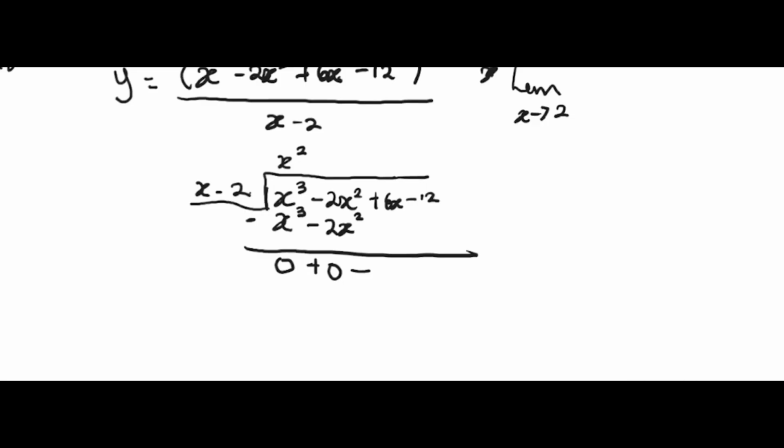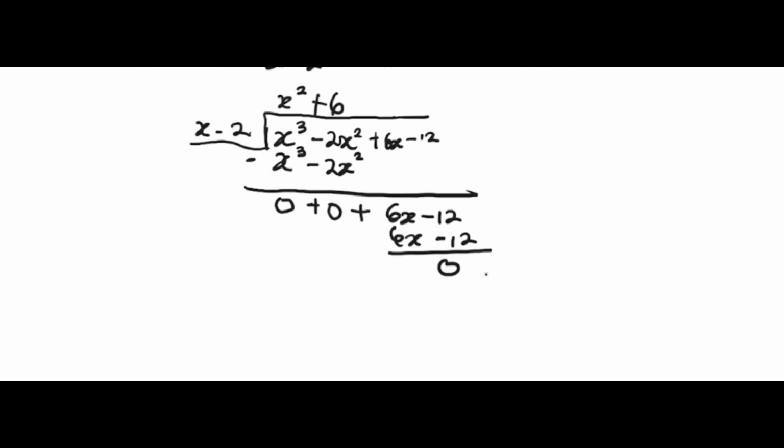Then we bring down 6x minus 12. Now x divided into 6x gives us plus 6. 6 times x gives us 6x, 6 times minus 2 gives us minus 12. So the fraction has been terminated.